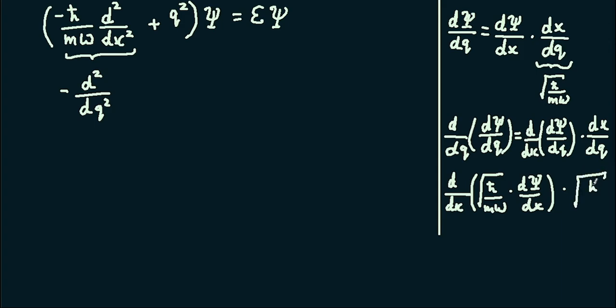So this is the square root of h bar over m omega. Taking out the constant, we see that this is derivative with respect to x, derivative with respect to x, and then these two constants are the same, so this will just equal h bar over m omega, and the second derivative of ψ with respect to x.